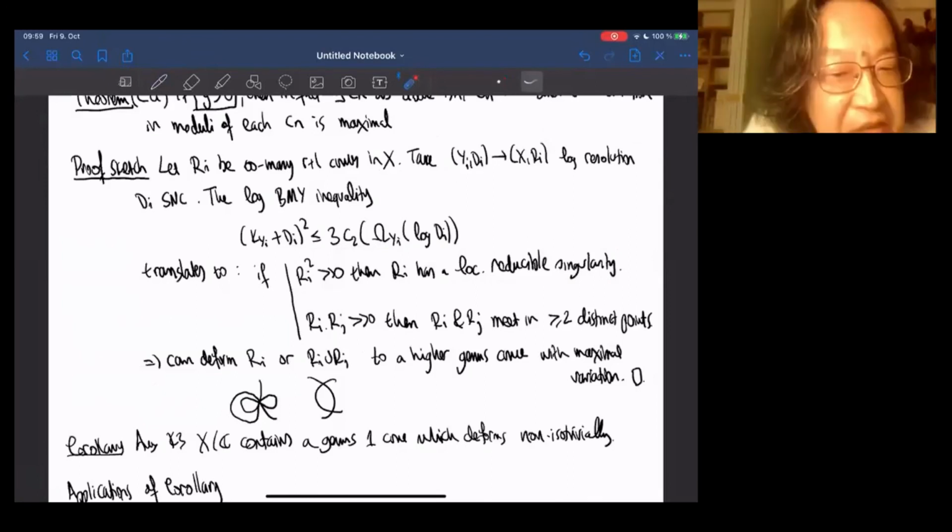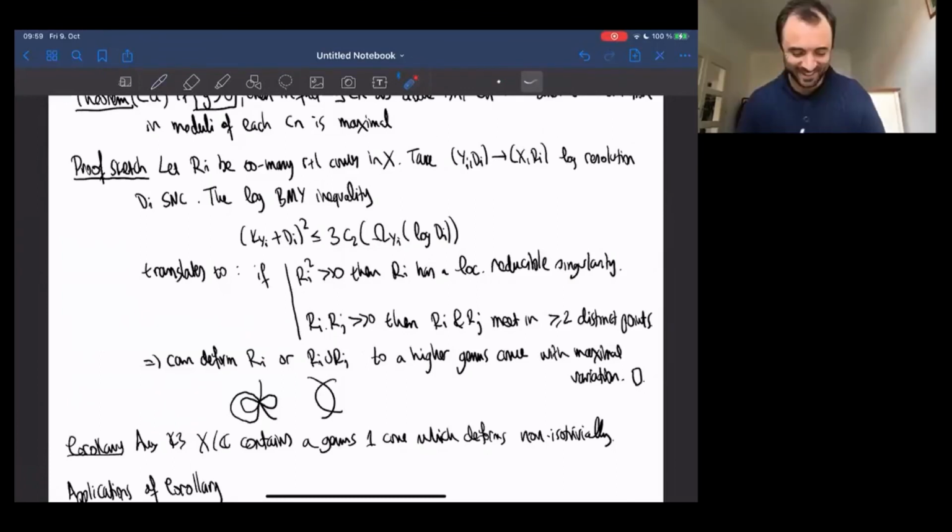And can one say something about positive characteristic? Yes, thank you for asking. We prove the conjecture also in characteristic p, other than a few strange cases in characteristic 2 and 3.